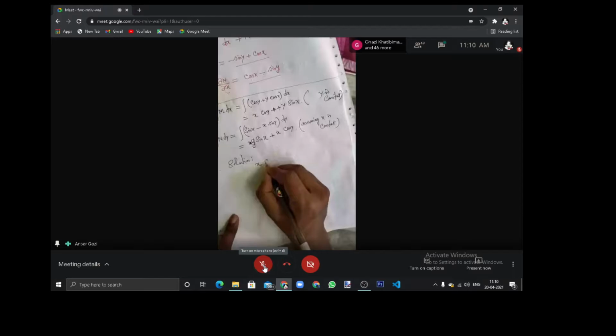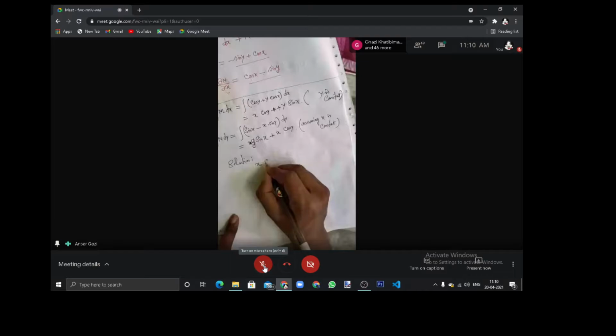Number 2, x dx plus y dy, you can write this as d of half x square plus half y square. Is it clear?